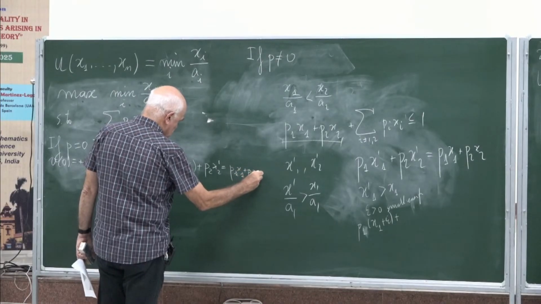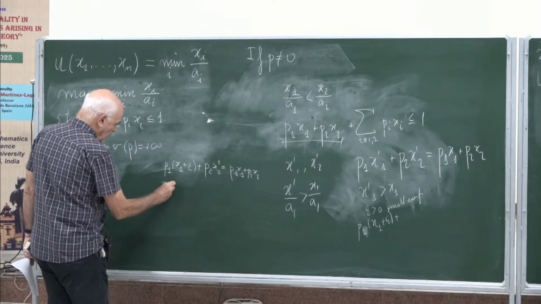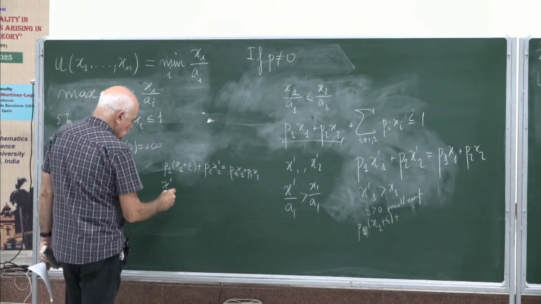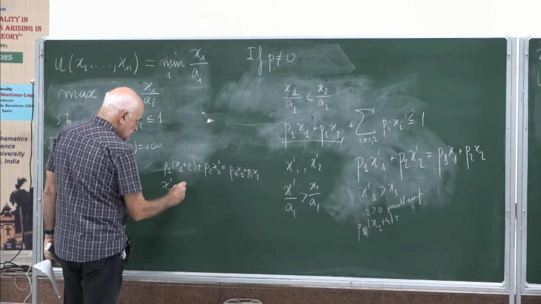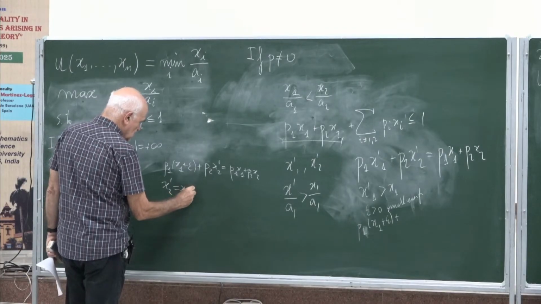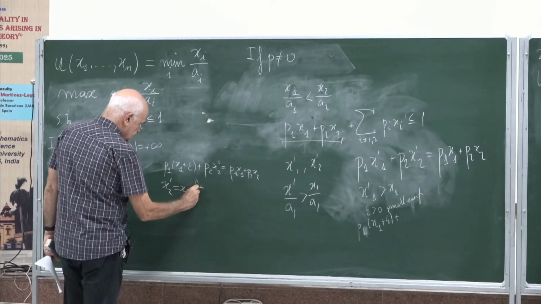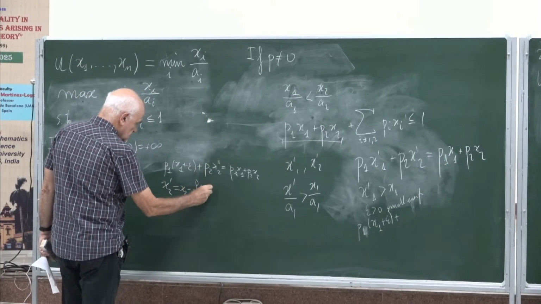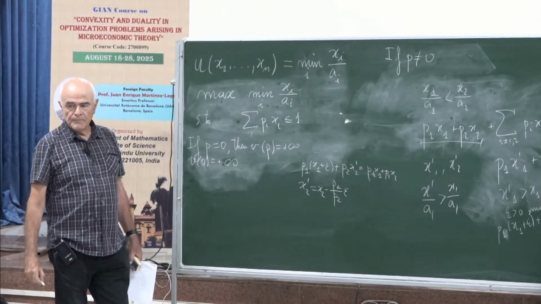This is what I want. Then what is x2 prime? x2 prime should be equal to x2 minus p1 over p2 times epsilon. Is this correct?